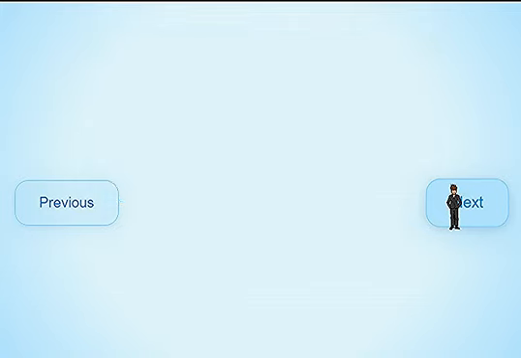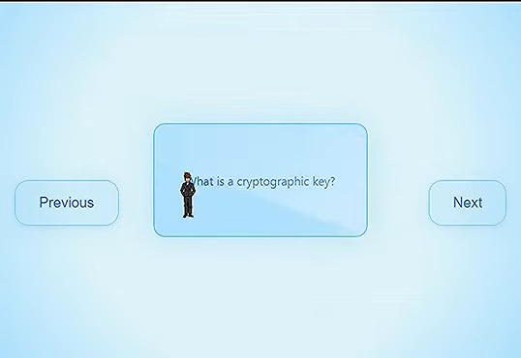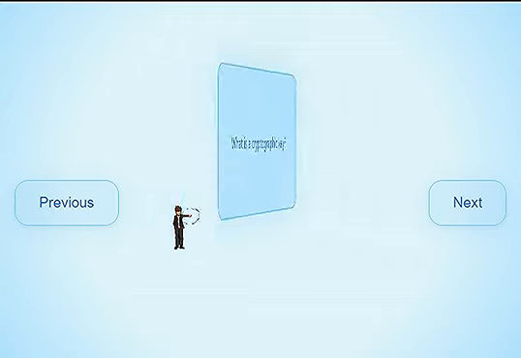Next question. What is the role of a cryptographic key in encryption and decryption? How about that? Answer it. Clock's ticking. Time's up.